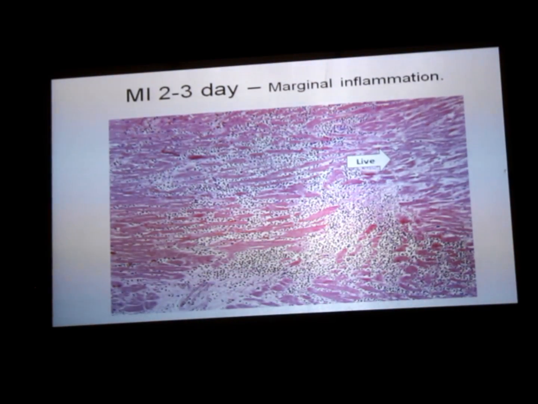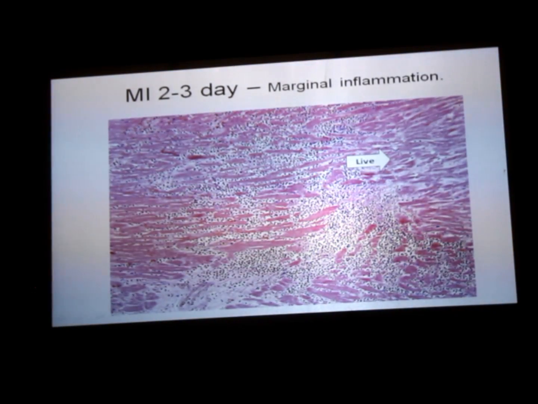Now the area which is affected because of decreased blood supply, that area develops into an infarct. So once a person suffers from a heart attack, okay, within 2 to 3 days, because damage has occurred to the myocardium, inflammation starts, which is marginal.